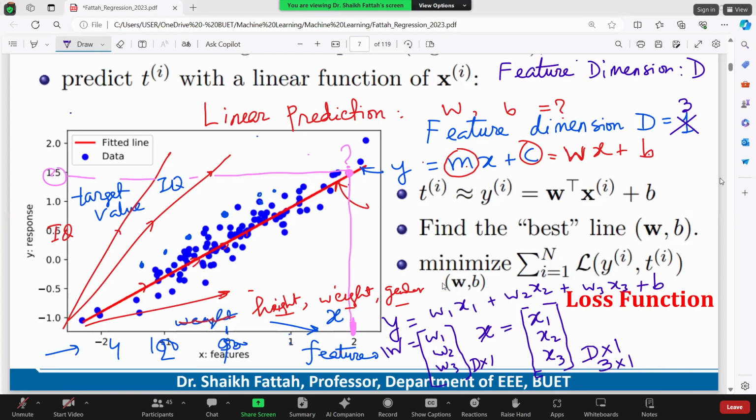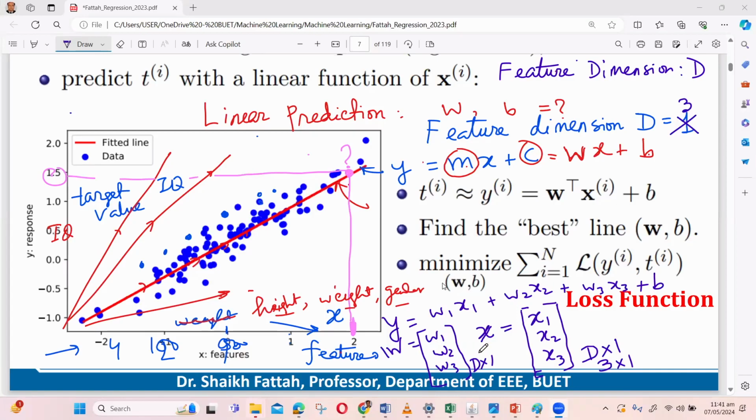Okay, so this is our case where we have a higher feature dimension. For example, this x will be a vector, and w will also be a vector.